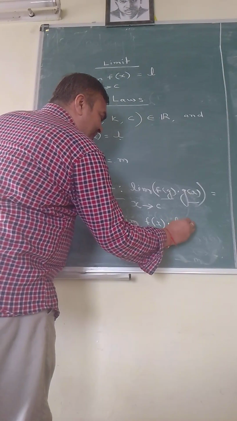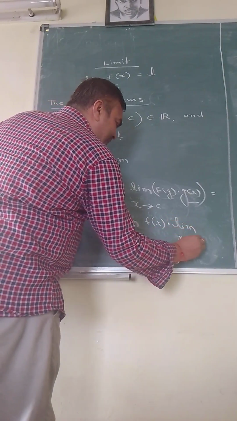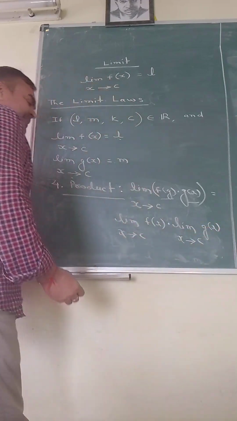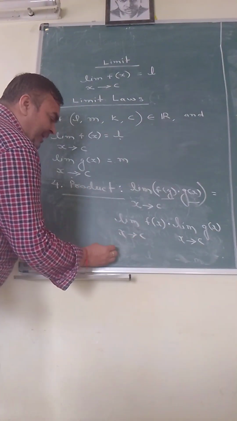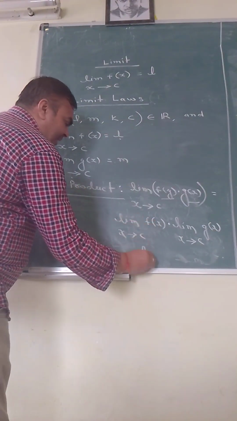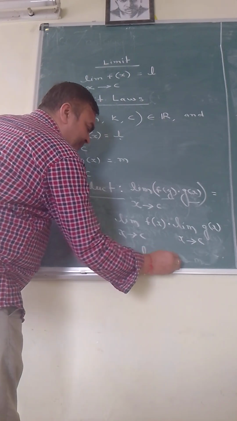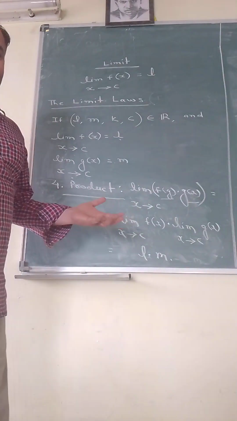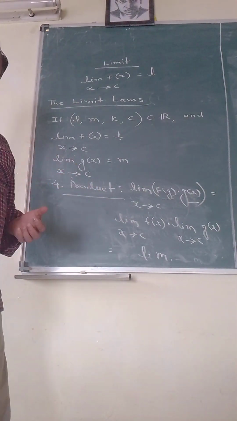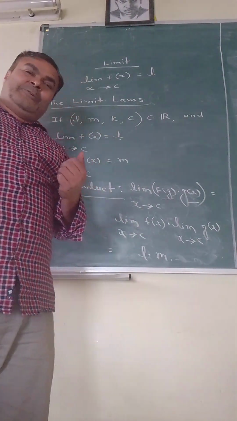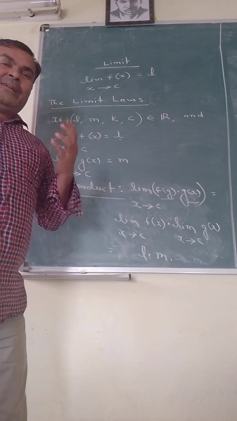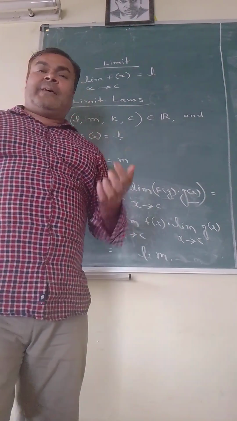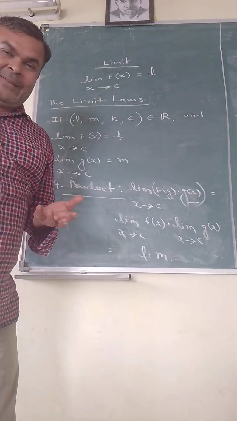Then the limit as x approaches c of g(x). Hence we have already this value L into M. Beautifully this is defined as the product limit law. With knowing these laws, definitely we will be able to solve those problems.